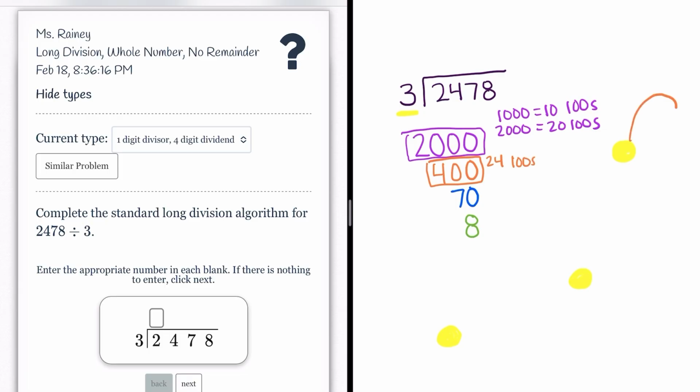I'm going to use this color to represent my hundreds place. And I'm going to draw petals, dividing them between each group until I get to 24.